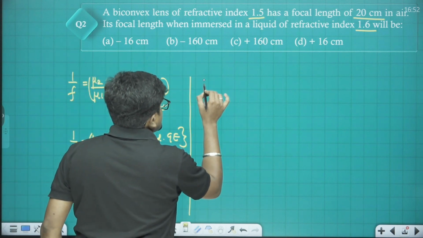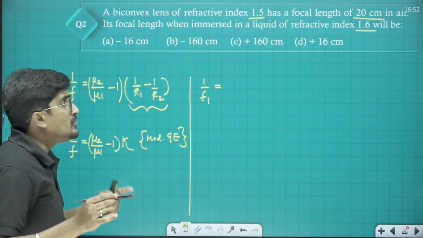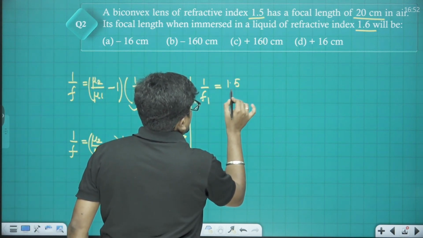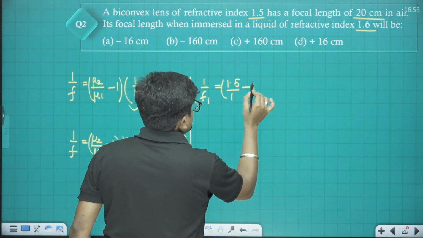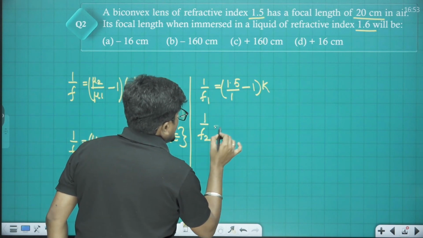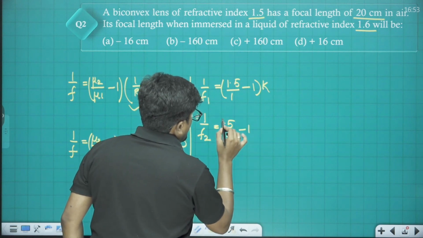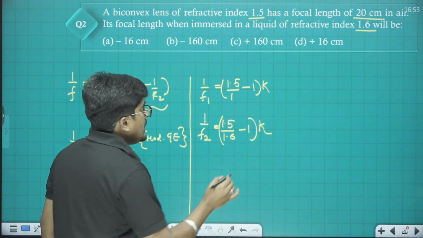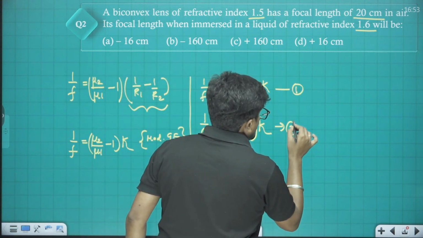So I can write the expression as 1 by f1 is equal to, I told you mu2 is 1.5, divided by mu1 which is 1, minus 1, into k. And for the second one, it is 1 by f2 equals 1.5 divided by 1.6 minus 1, into k. Here this is equation number 1 and this is equation number 2.